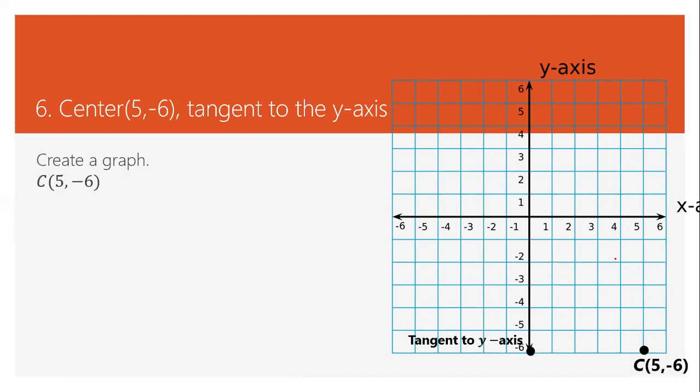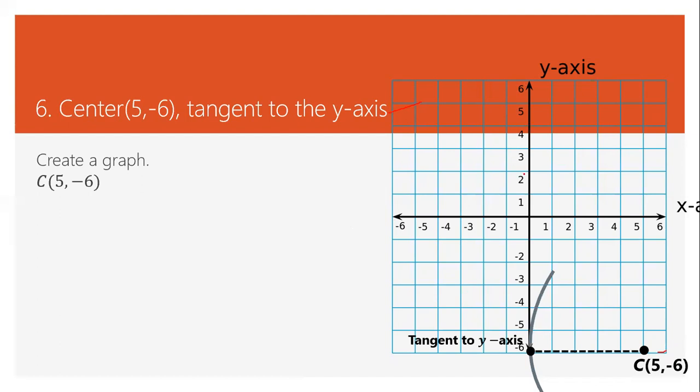So we'll create a graph. Center is 5 and negative 6. So here is our center. Now we'll create a tangent. So according to the problem, our circle has a point of tangency to the y-axis.